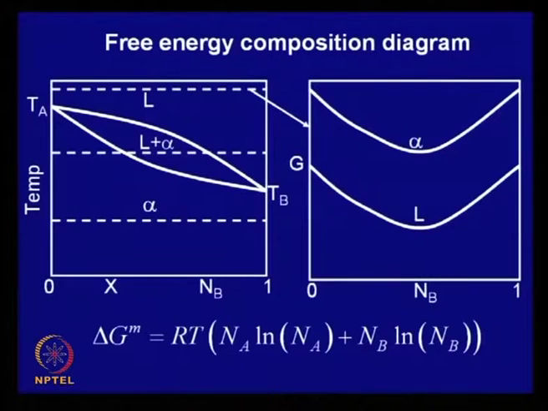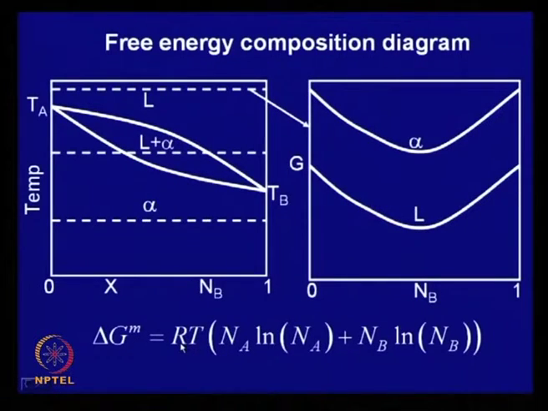Now, let us look at the free energy composition diagram. Now, we know that free energy of a solid solution is a function of its composition, and for an ideal solid solution we know that free energy of mixing is given by this expression.